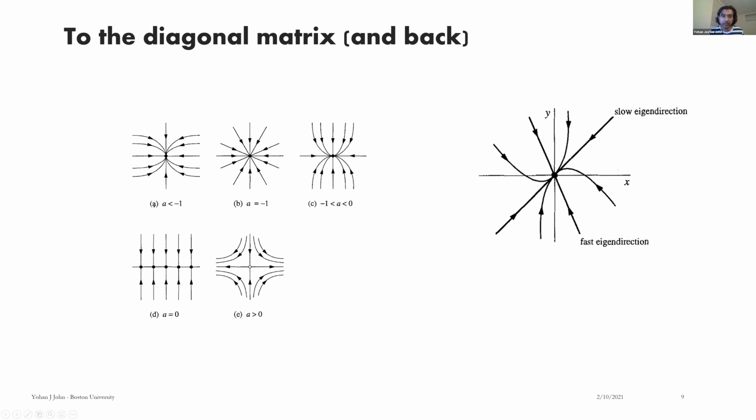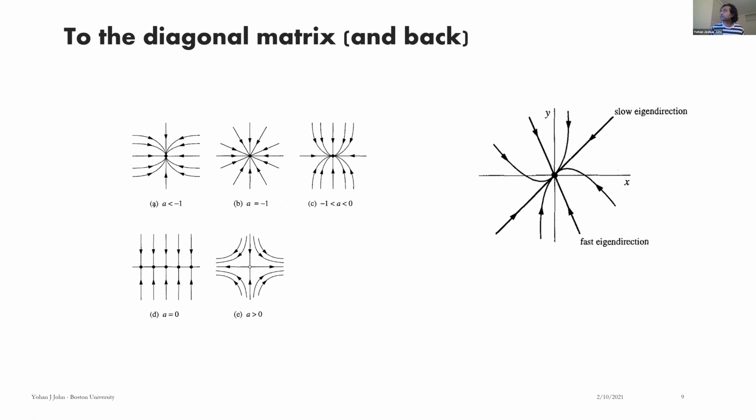And those vectors need not be perpendicular anymore because of the shear transform in the new coordinate system compared to the old one. But you still have a slow and a fast eigen direction. There are cases where the two eigen directions can collapse, and that's a degenerate case, which we briefly talked about last time. So basically, you can get a scaled version of what you saw with the separable case here.